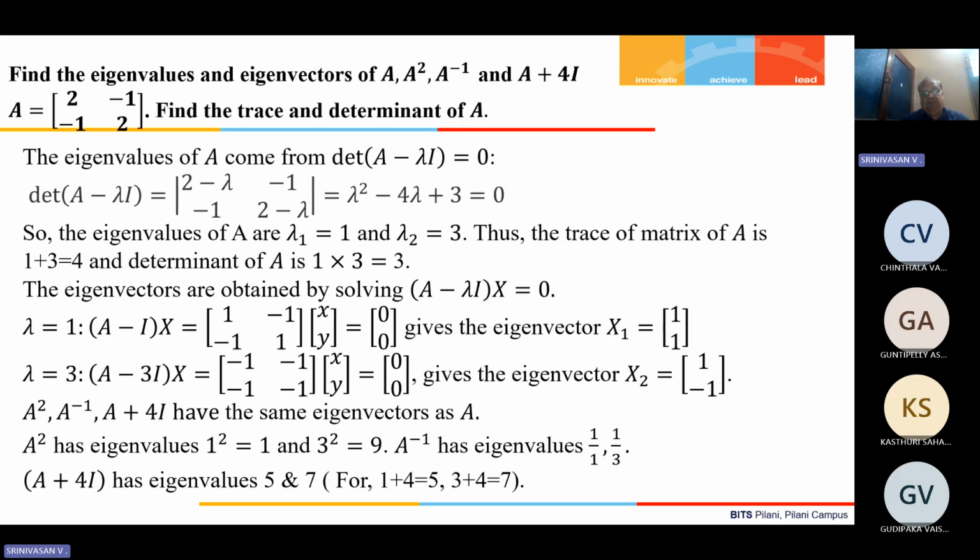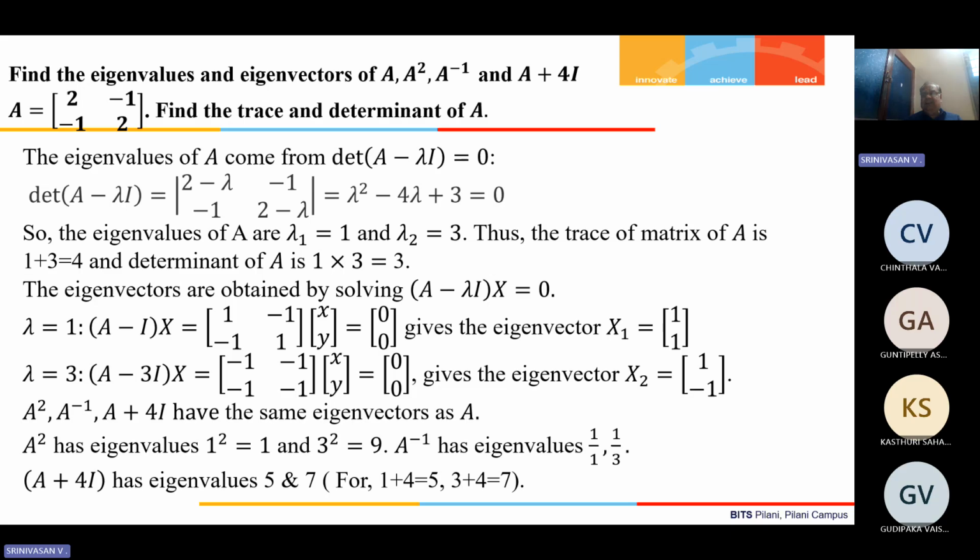It is the sum of the eigenvalues of A. Thus, the trace of matrix A is 1 plus 3 equals 4. You can verify: the principal diagonal elements are 2 plus 2, which is 4. The determinant of A is the product of the eigenvalues, 1 into 3 equals 3, and directly it is 4 minus 1, which is 3. So we have verified that.